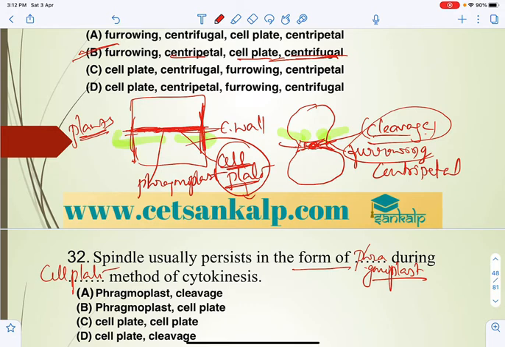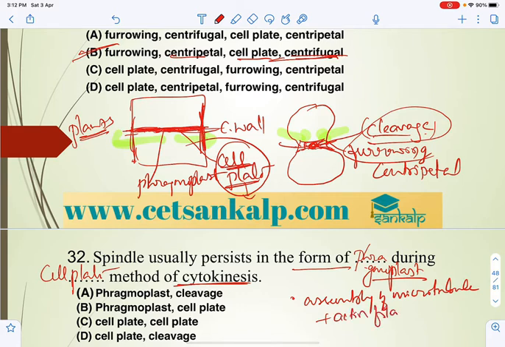The phragmoplast forms during cytokinesis, that is correct, and it includes an assembly of microtubules, along with actin filaments.